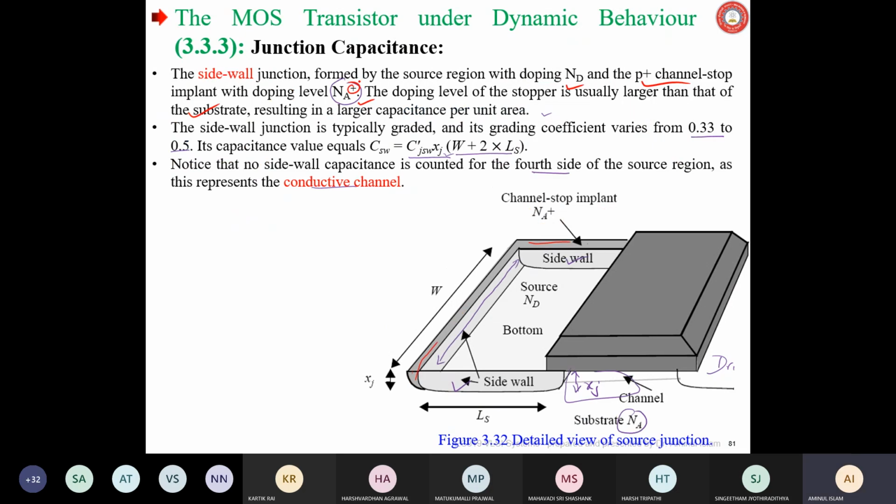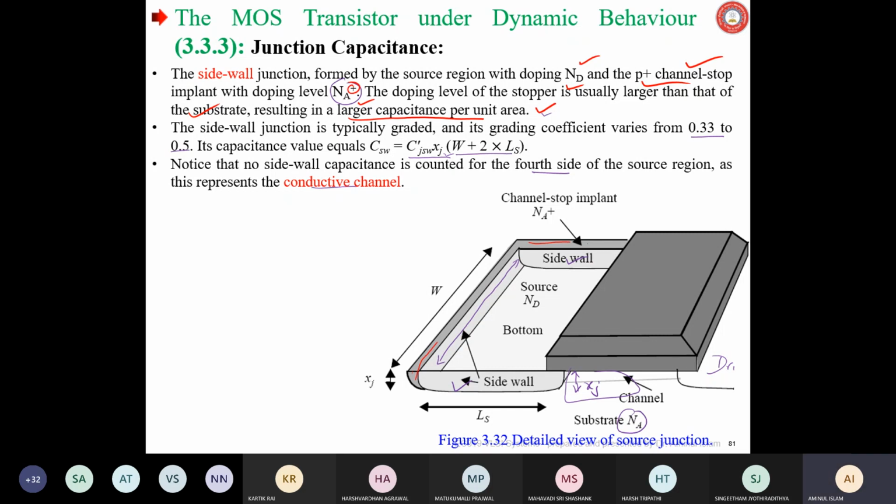The side of the junction is formed by the source region with doping ND and a P plus channel stop implant with doping NA plus. The doping level of the stop is usually larger than that of the substrate, resulting in a larger capacitance per unit area. Larger capacitance will be there if the depletion layer width is less.